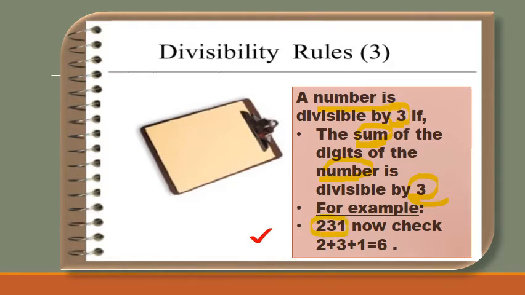Now check. First add all 3 digits, like 2 plus 3 plus 1. We will get 6. It means 6 is divisible by 3. So 231 is also divisible by 3.